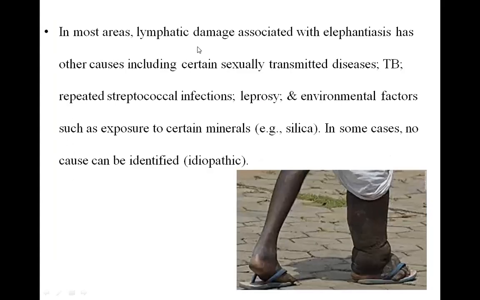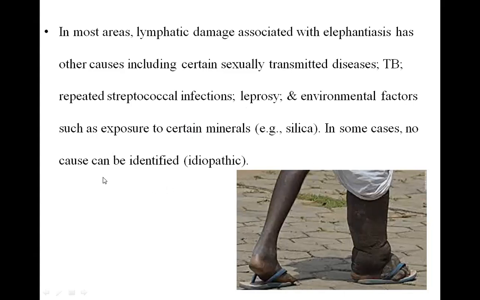In most areas, lymphatic damage associated with elephantiasis has other causes, including certain sexually transmitted diseases, tuberculosis, repeated streptococcal infection, leprosy, and environmental factors such as exposure to certain minerals, that is silica.